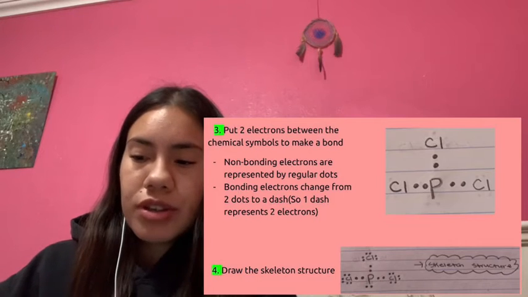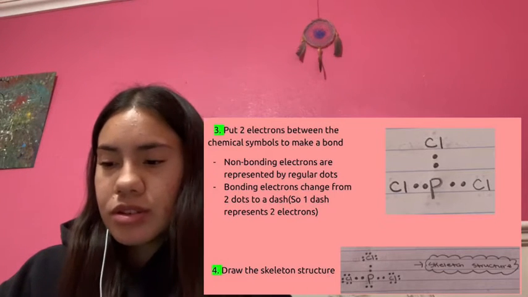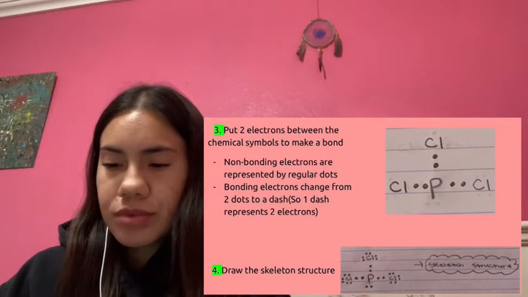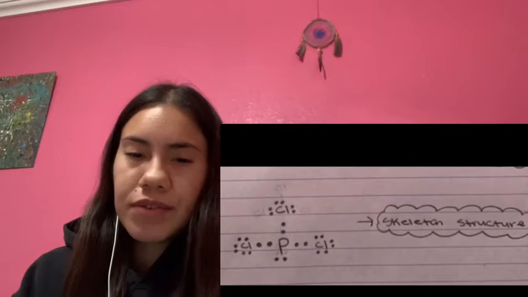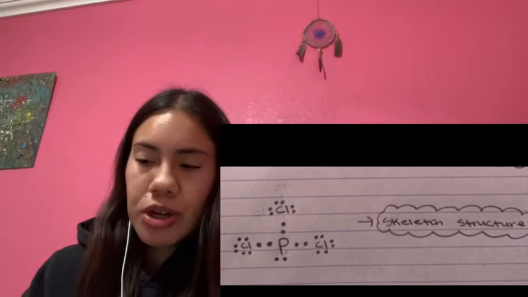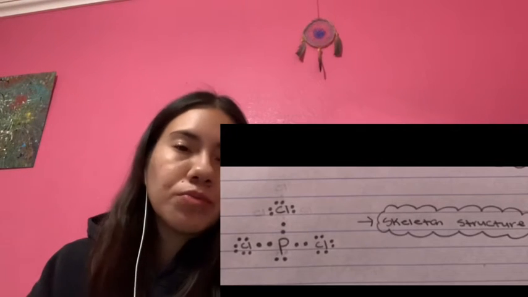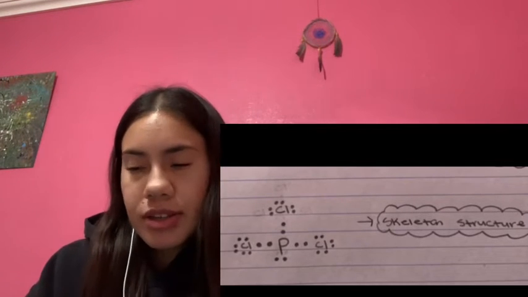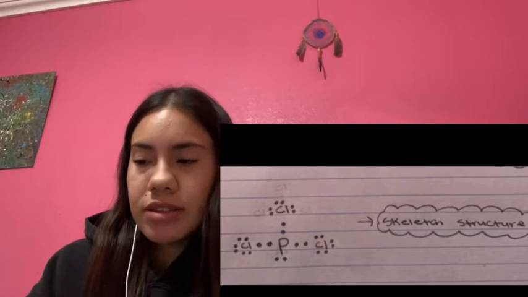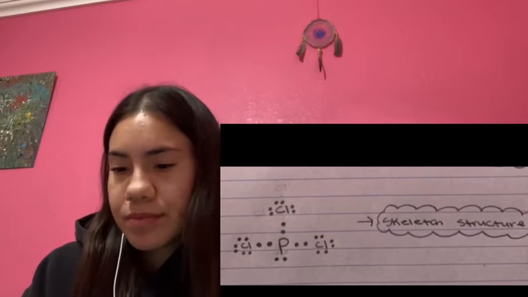Step 4 is to draw the skeleton structure. We already completed steps 5 and 6 with the skeleton structure, but basically the structure is just the dots, and we don't put the dashed lines, it's just pure dots.